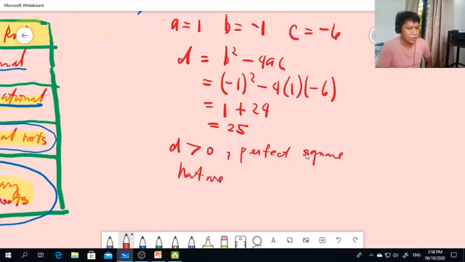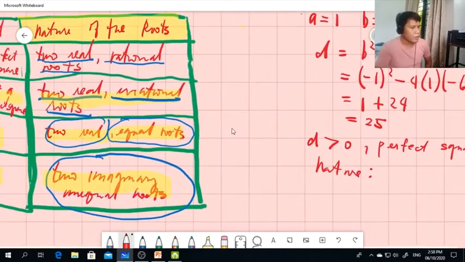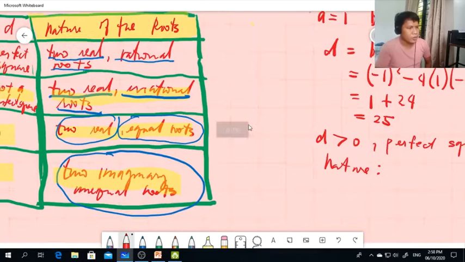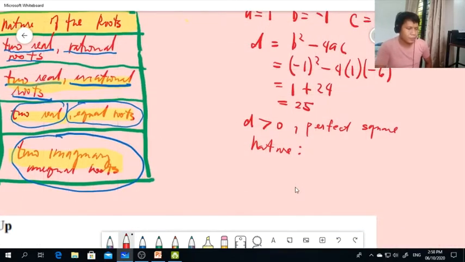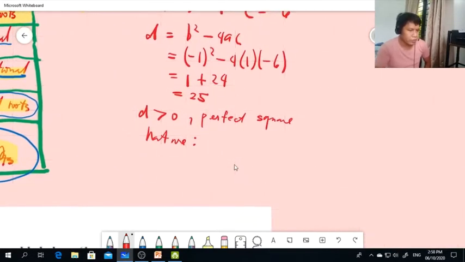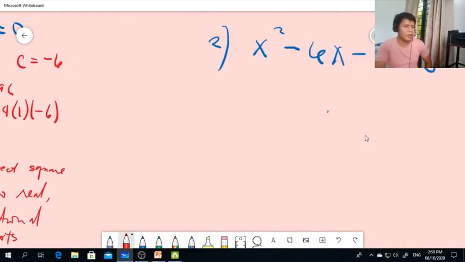Since the discriminant is greater than 0 and it's a perfect square, there are two real and rational roots.